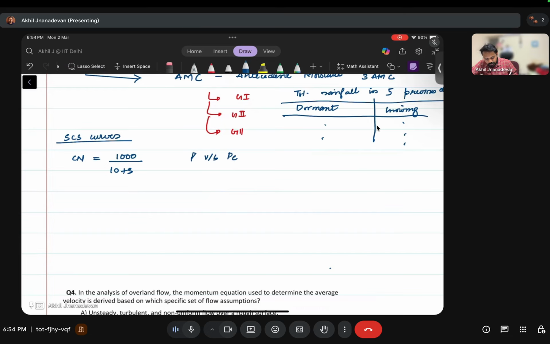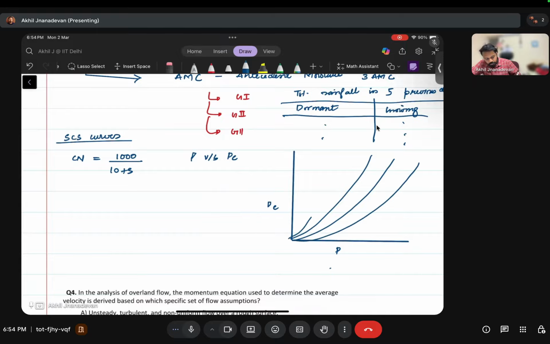They have defined standard graphs or charts, P and PE, and there are different relations here, each for different curve numbers.